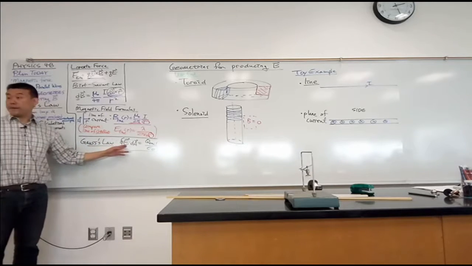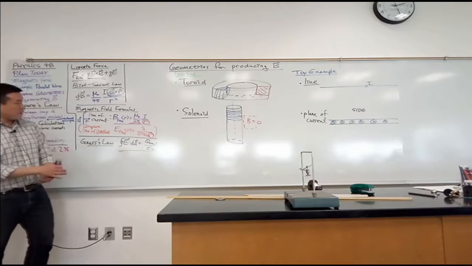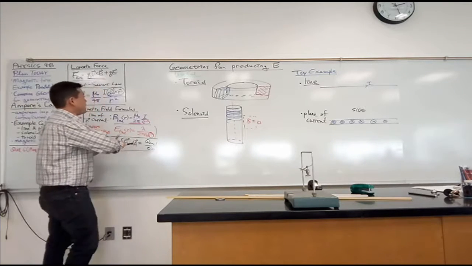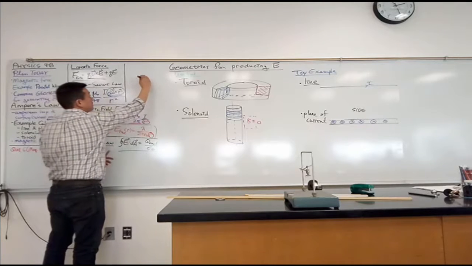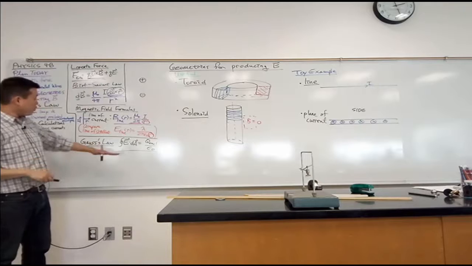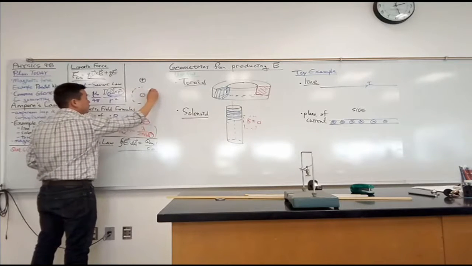Is this law always true? As in, let's say you have this highly asymmetric situation where you have a dipole, a positive charge and a negative charge, and you try to apply Gauss's law to a surface enclosing the negative charge.